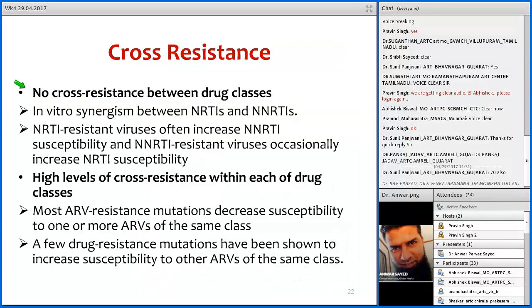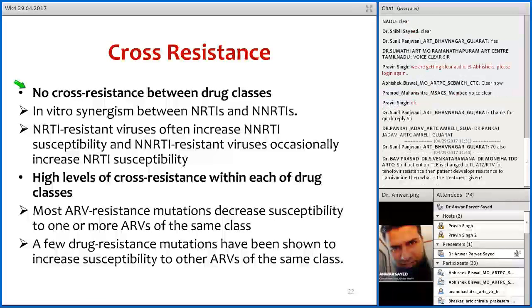What about cross resistance? Thankfully there is no cross resistance between classes. That is, if a virus is resistant to the NRTI, it is sensitive to the other class. There is no class resistance. In fact, there is in vitro synergism between classes of drugs like NRTI and NNRTI.